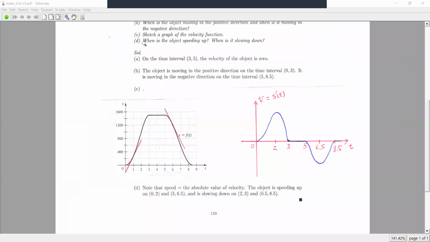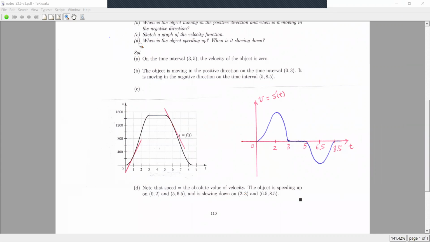Part D. When is the object speeding up? When is it slowing down? To answer this question, we need to know that speed is the absolute value of velocity. That is, take the absolute value of velocity, then we get speed.